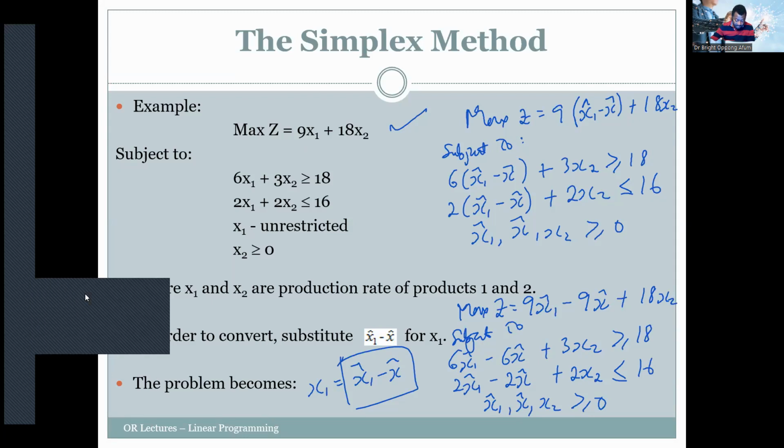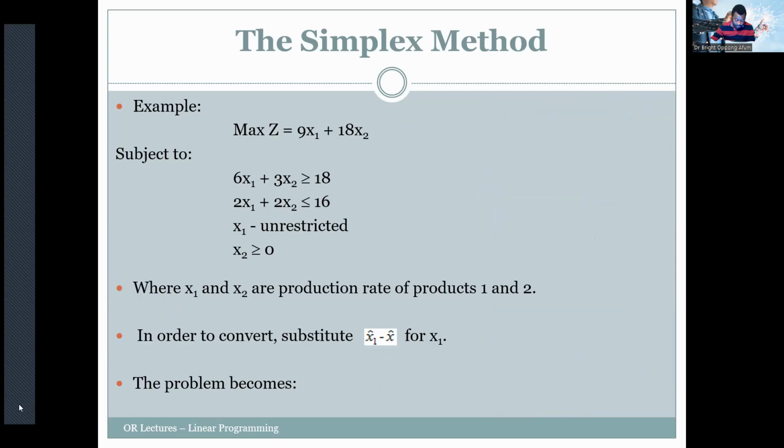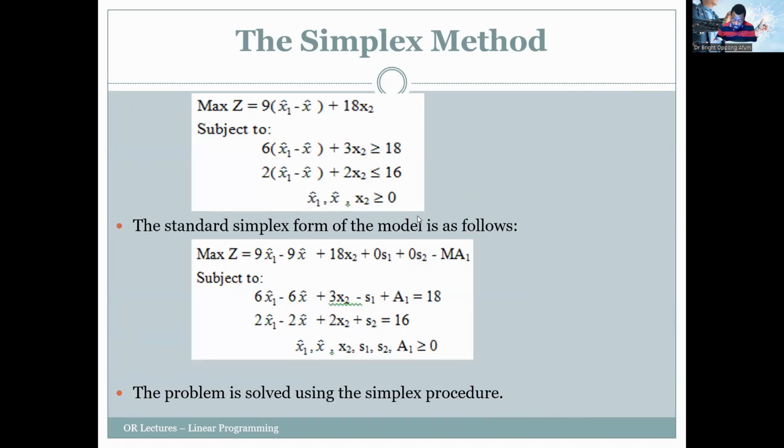Okay, so assuming we should walk through this solution, we're going to have the following. This is what we just did in the previous slide. The standard simplex form can then be translated into that. We can see the x1 cap, S cap, and the 18x2, and the slack variables that contribute nothing to the objective function, and also the artificial variable which is negative.